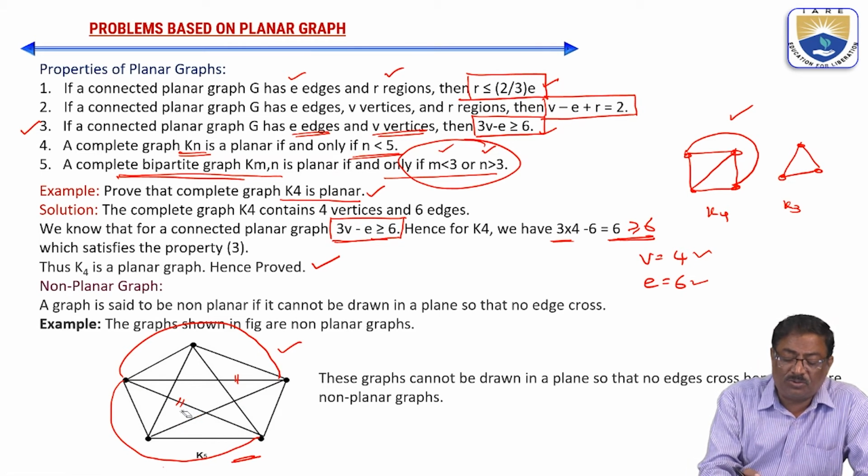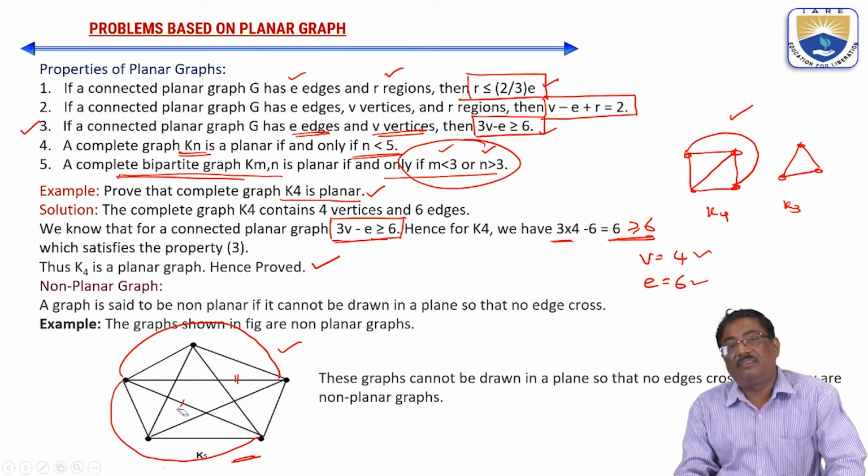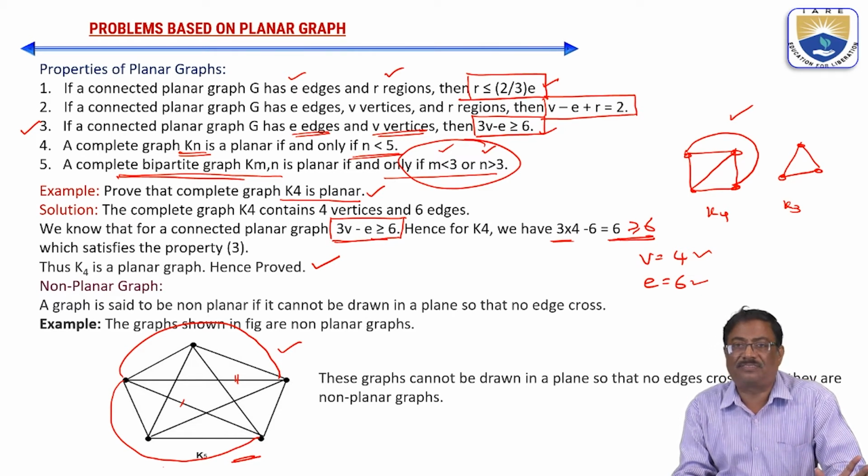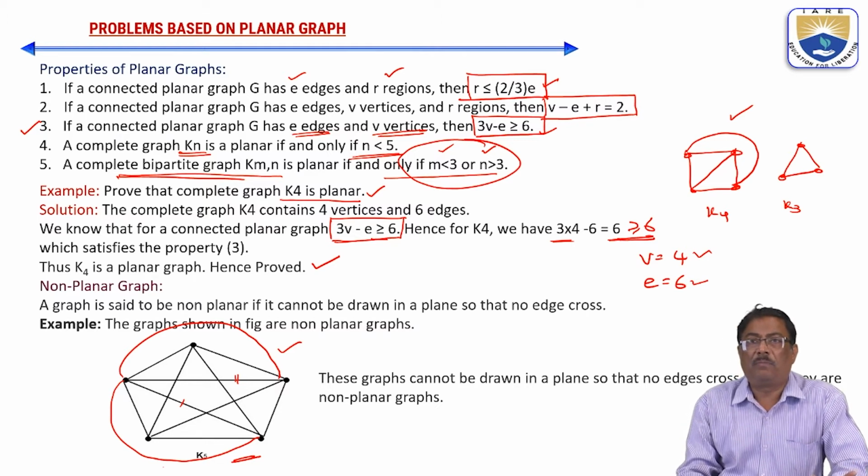So it is not possible to draw this Kuratowski's first graph in such a manner that the edges do not cross each other except at the vertices. So we can say that the complete graph with 5 vertices is not a planar graph.